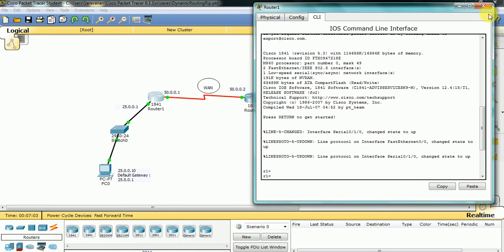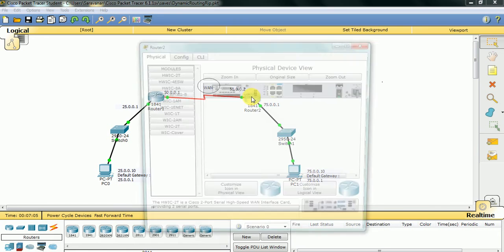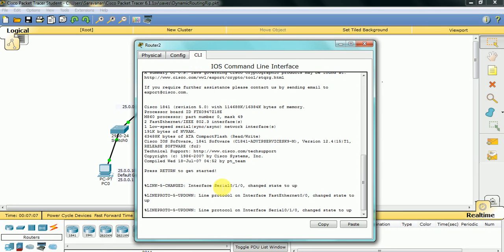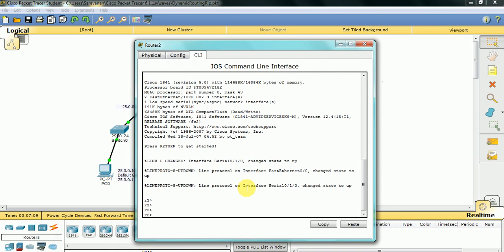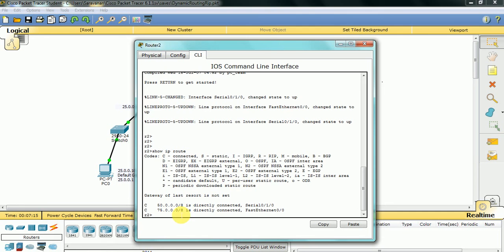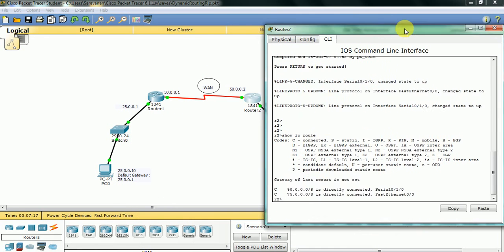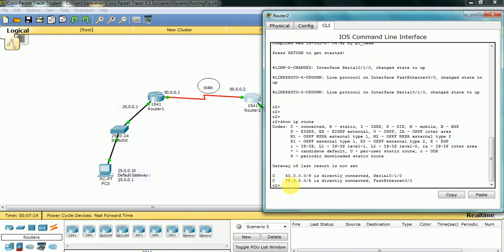The same way, this router is directly connected with the 50 network and 75 network, it doesn't have any idea about this 25 network. That is the reason why it could not communicate.